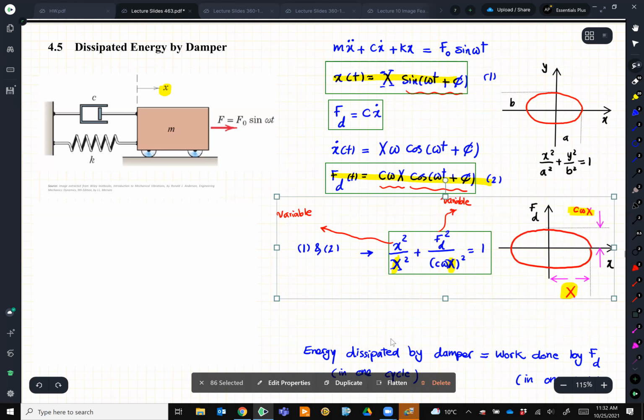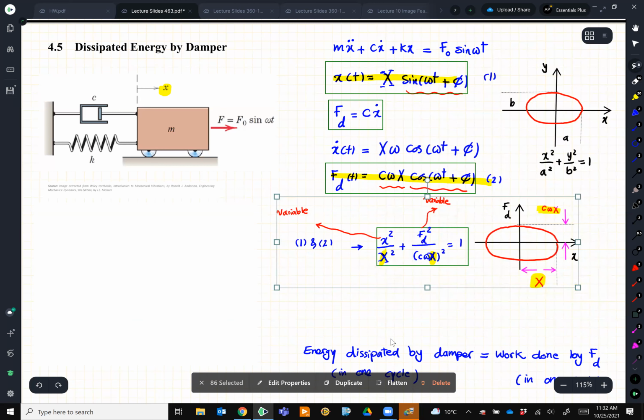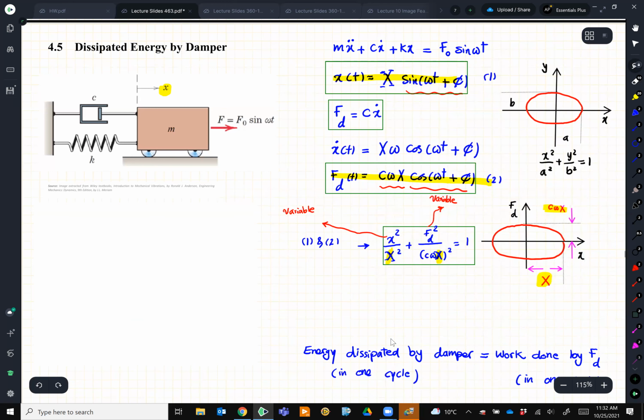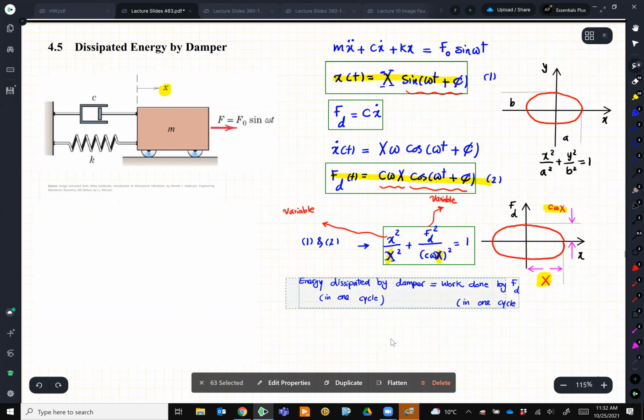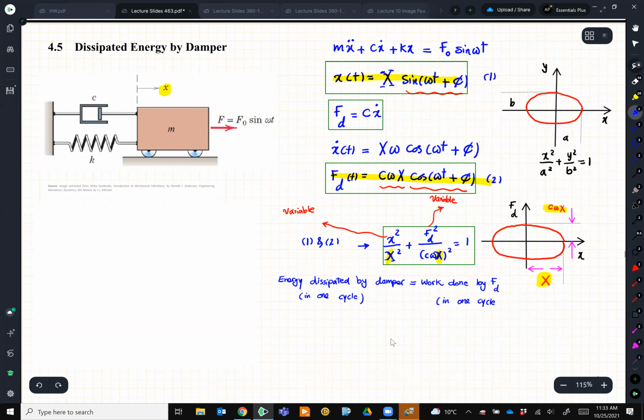Just going to make some room for myself. All right. So we managed to find that energy by damping is equal to the integral of FD dx. So do you agree that this is equal to the area of the FD-x graph?